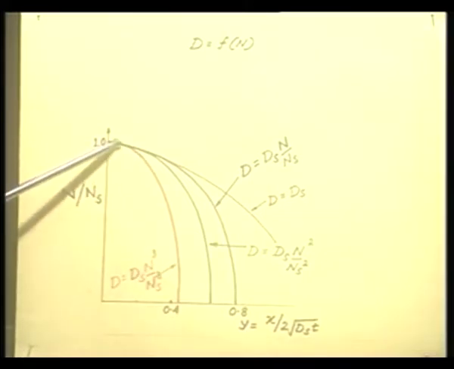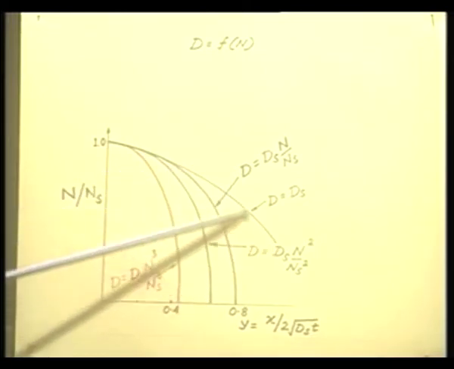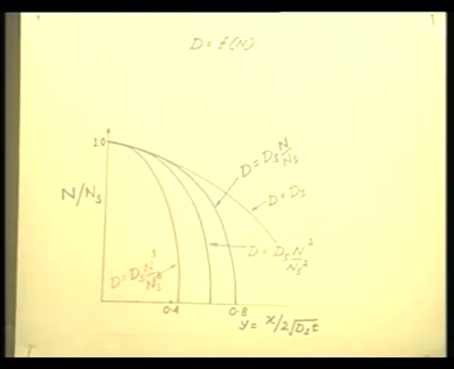See here, this curve is for the constant diffusion coefficient, that is the complementary error function case. Infinite source, D is a constant, therefore this is for the complementary error function case.